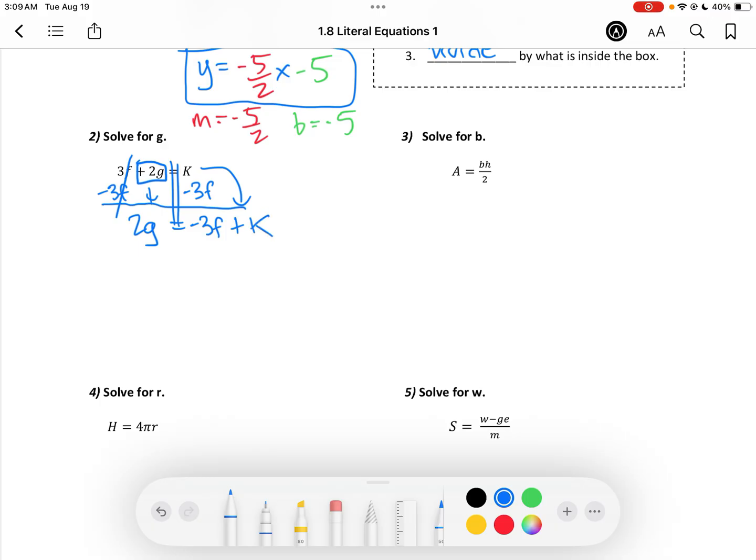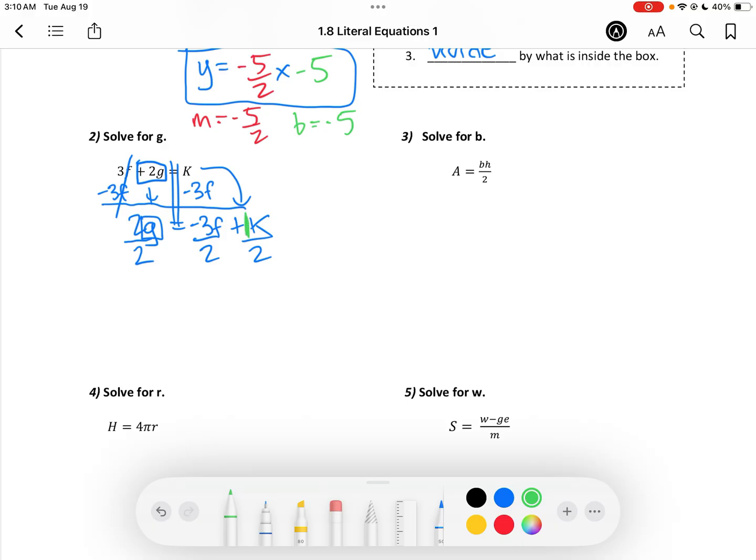Then I'm going to divide, since I've got to get that g by itself. Right now it's being multiplied by 2. The opposite of multiplying by 2 is dividing by 2, and I'm going to do the same thing for the other 2 as well. Now here's where you need to be careful. There's an invisible 1 that's lurking in front of that k.